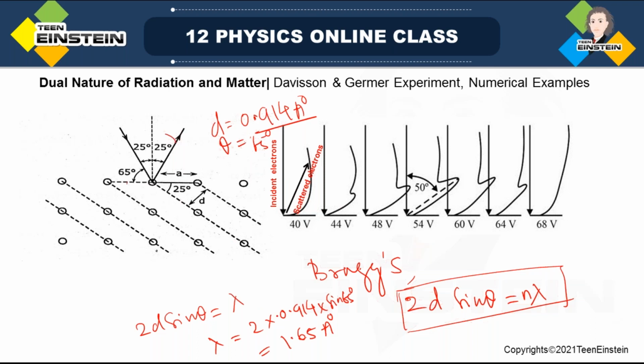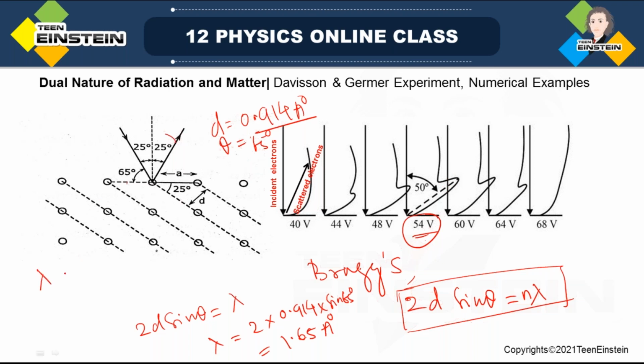This is called the electron diffraction experiment. This is one way of getting the wavelength from a diffraction pattern. Now we know the accelerating potential is 54, where we see the maximum intensity.